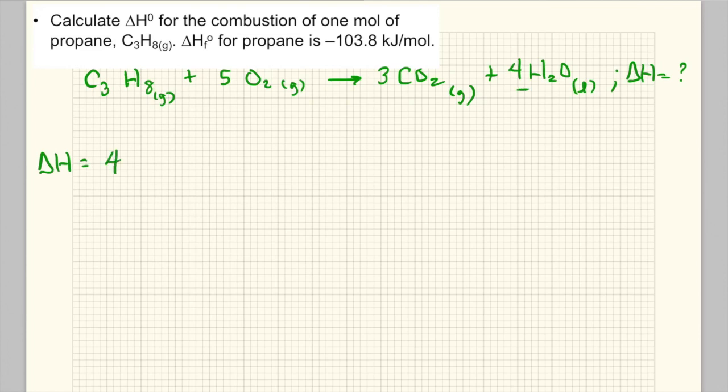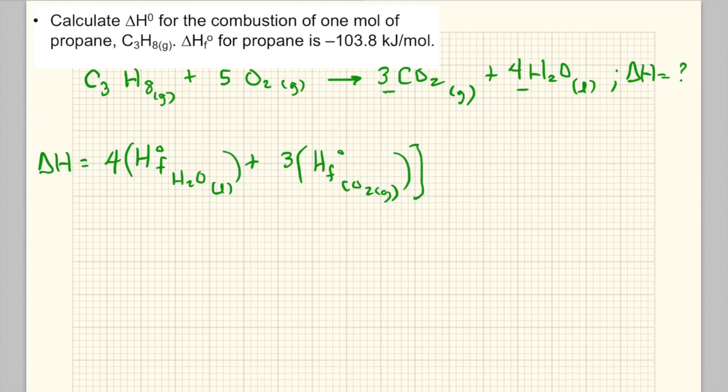I have 4 waters. So I have 4 times the heat of formation. That's what the n times the heat of formation of the products. Now this is going to be water liquid plus 3, that's the n, times the heat of formation of carbon dioxide gas, and those are my products, minus my reactants.